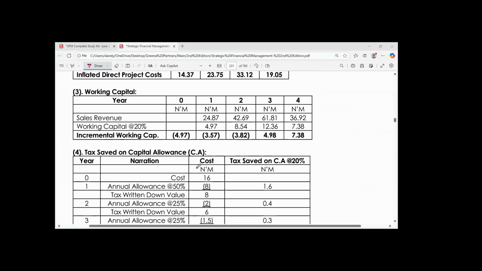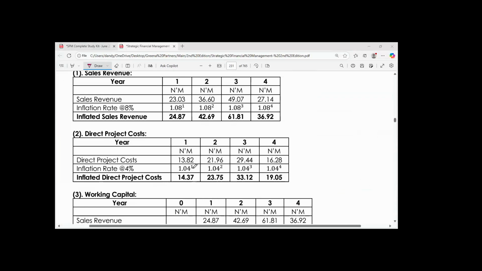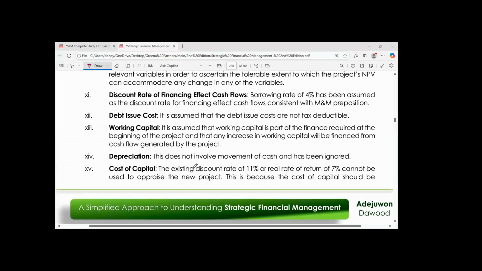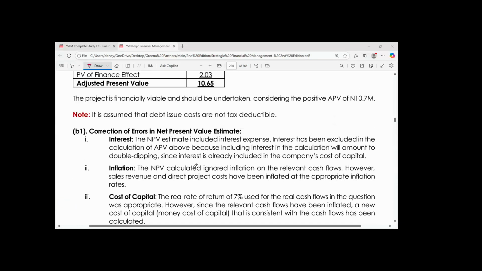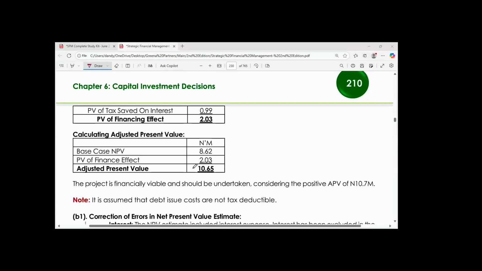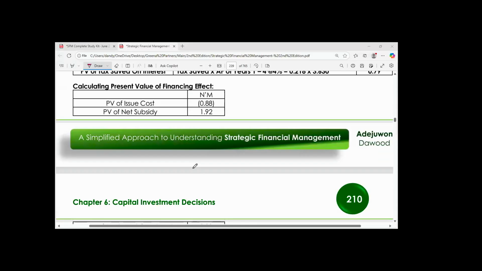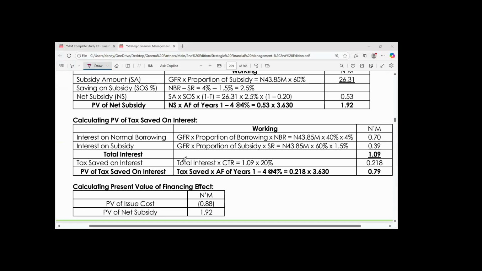So in this material, I have about 4 or 5 different illustrations that you can practice. For those of you that have it, when you go to ICAN, I think there are maybe 2 times that ICAN has tested this. But again, ICAN has never tested any question relating to debt and equity when you are calculating issue cost.